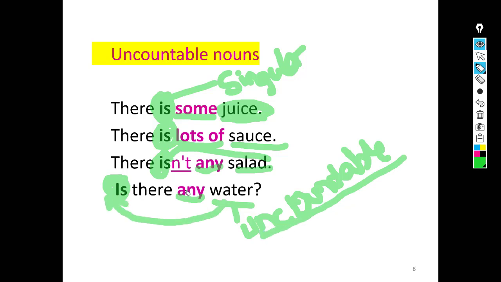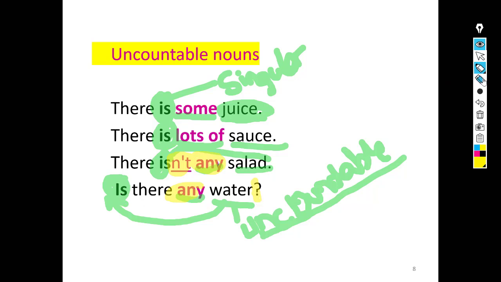Okay, and it's a question, we use "any" here. There is some juice, or there is lots of sauce. There isn't, it is negative and we need "any". Is there any water? It is a question, we need "any". And why, teacher, why "is" here? Because it is a question form.